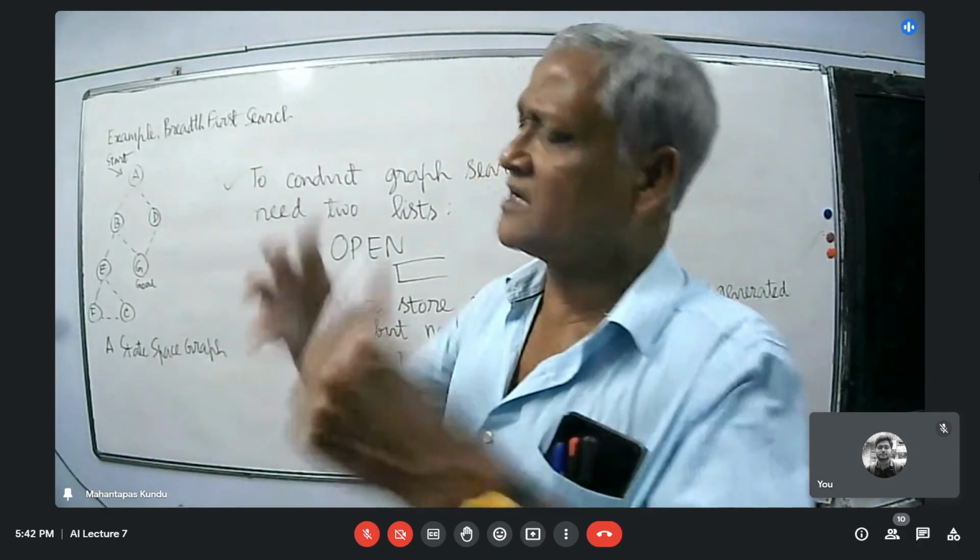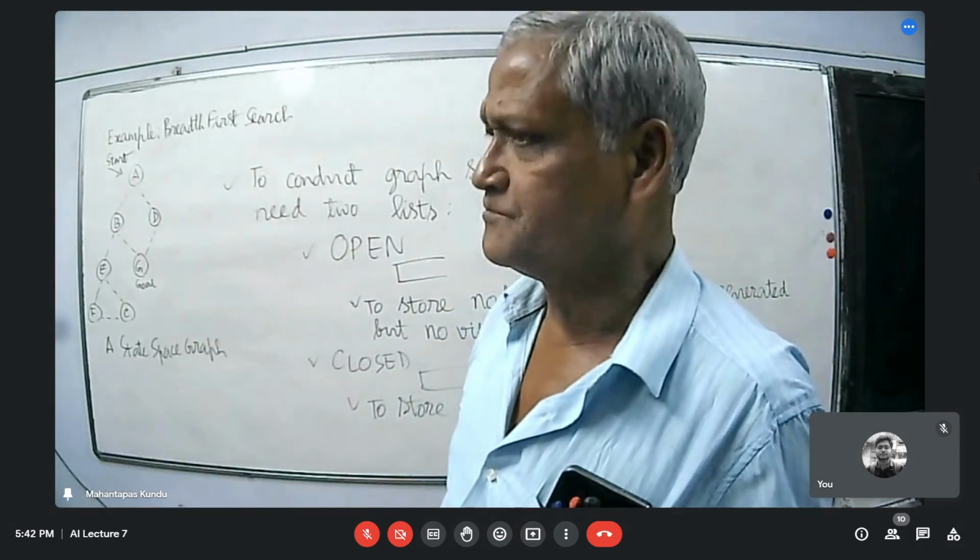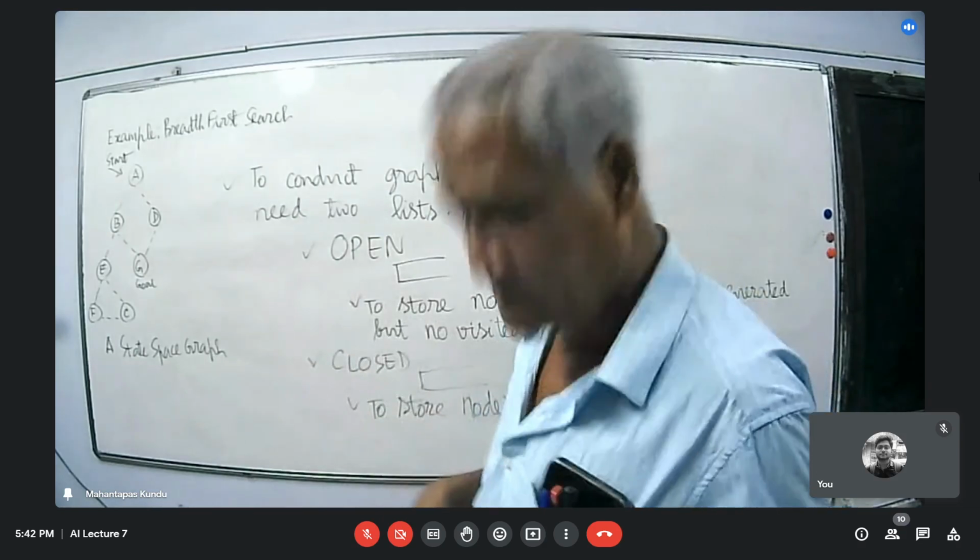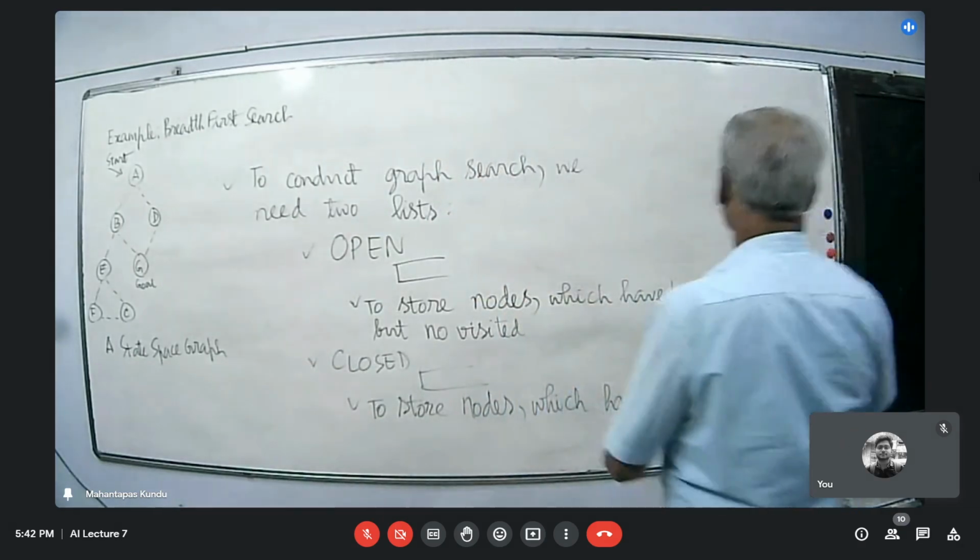A list means it can be implemented with an array, which will have a front end and a rear end like this.